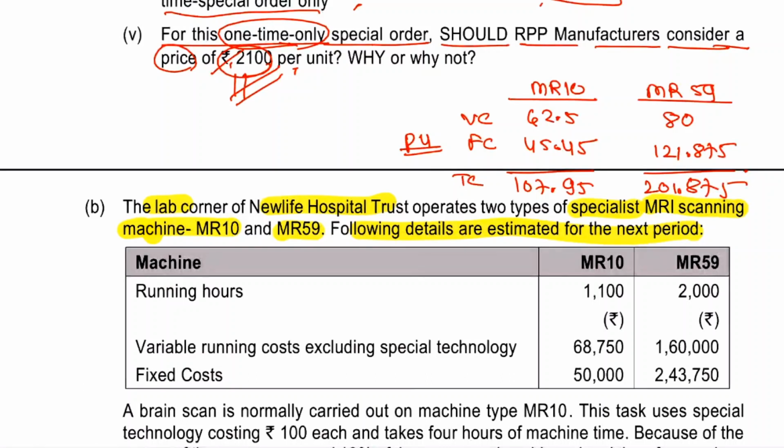I did nothing, but those costs were divided by units. Sorry, not units, respective hours. So I got my per hour cost.